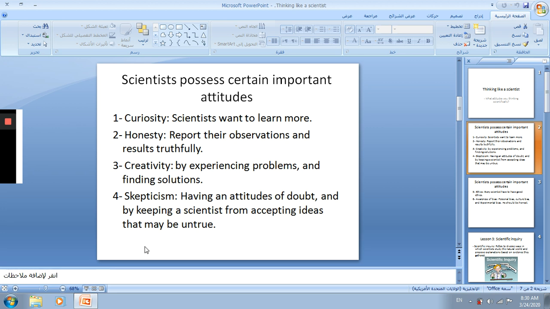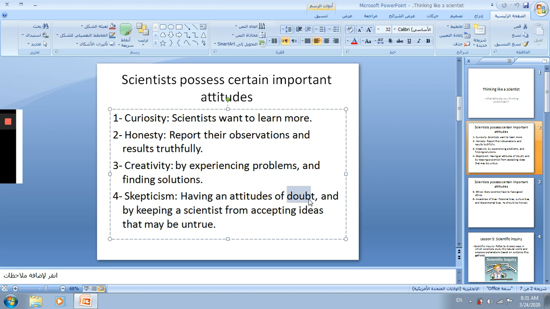Number 4, skepticism. Skepticism, having an attitude of doubt. Scientists always have doubts, and doubt keeps scientists from accepting ideas that may be untrue.